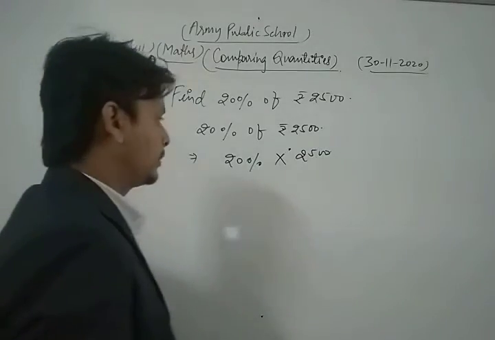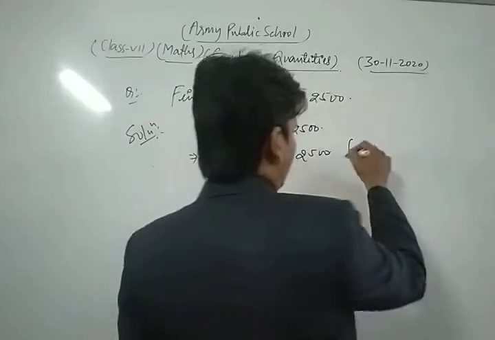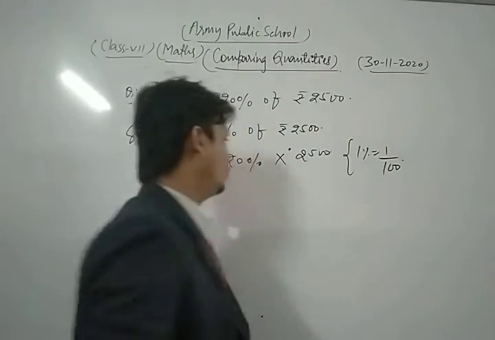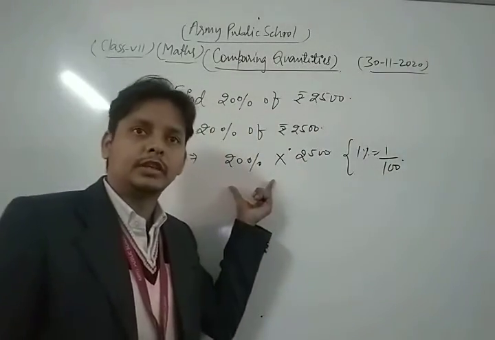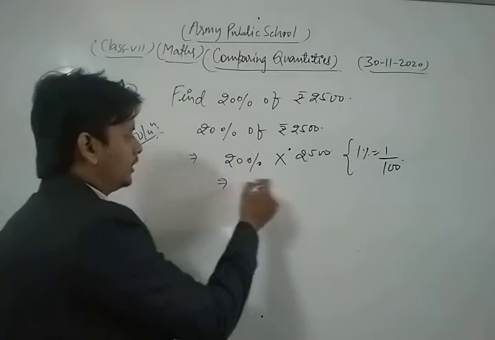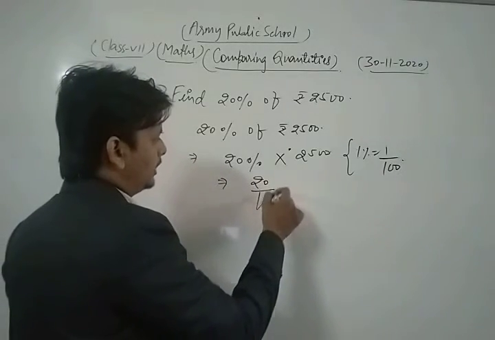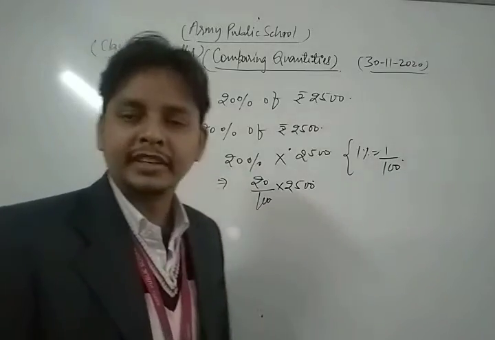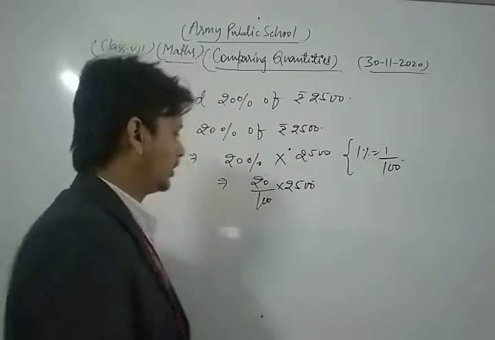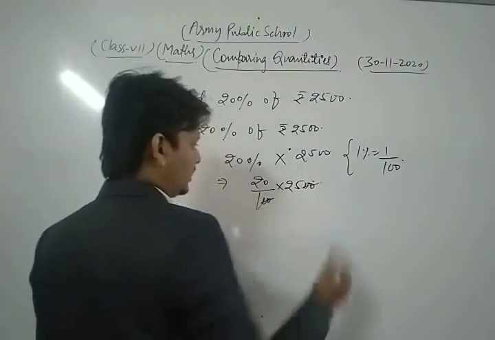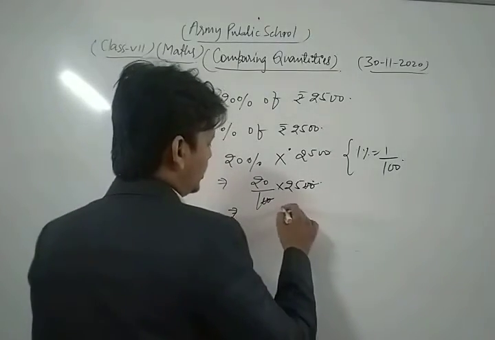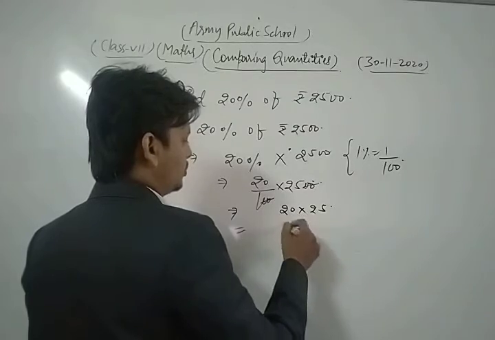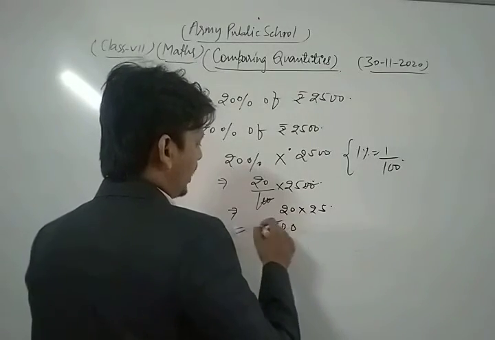And just as I discussed, the concept of percentage: 1% means 1 upon 100. So 20% means 20 upon 100. So we can write 20 upon 100 into 2500. Now here 100 cancels with the 2500, so we get 20 into 25, which is 500.